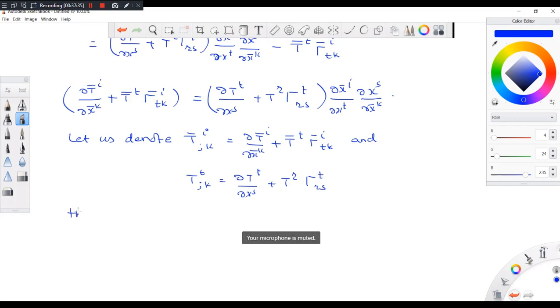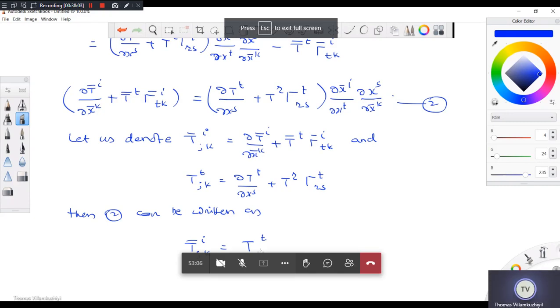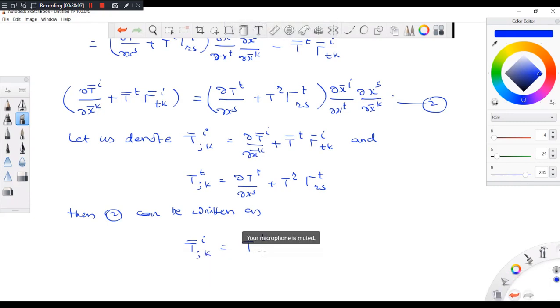Okay, then call this by 2. Then 2 can be written as t bar I semicolon k is equal to t, okay, t semicolon k into del x bar I by del xt into del x s by del x bar k.